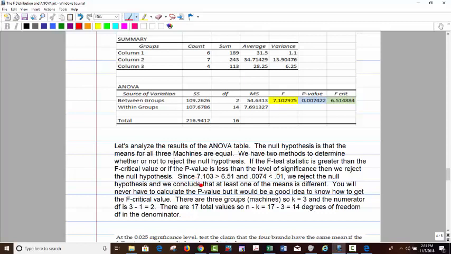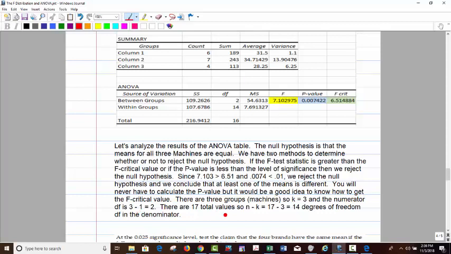So both of these have to lead to the same conclusion. F test statistic greater than the critical value, and the p-value of 0.074 is less than your alpha 0.01. That also means reject. So you get reject either way.